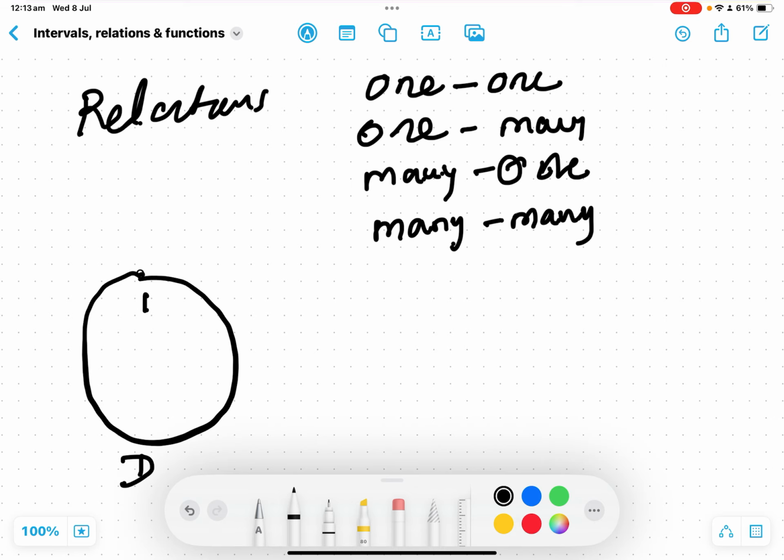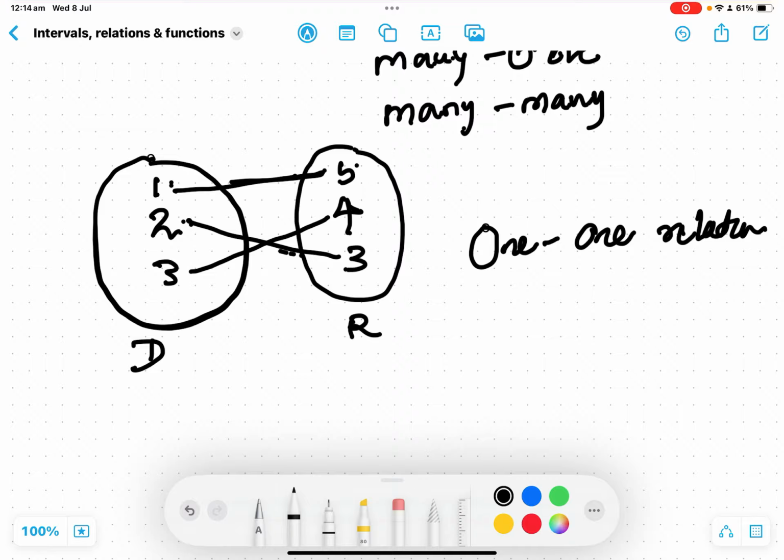For example, 1 doesn't have more than one image in the range, 2 only has 1, 3 only has 1.